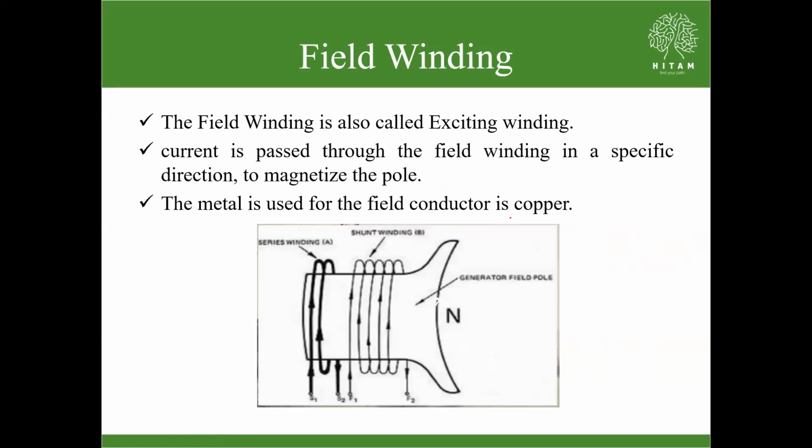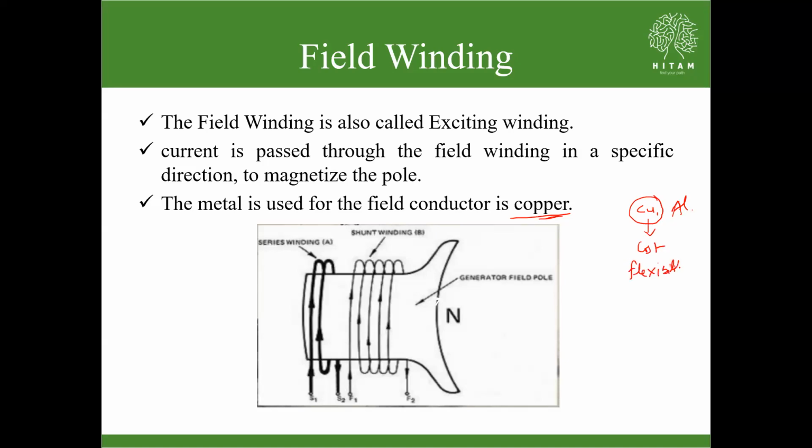Here I mentioned, right? The material we are using for this field conductor is copper. You may have one doubt: sir, copper and aluminum, both we can use. So why only copper rather than aluminum? Both have good conducting properties, right? But we use copper due to cost and also flexibility.